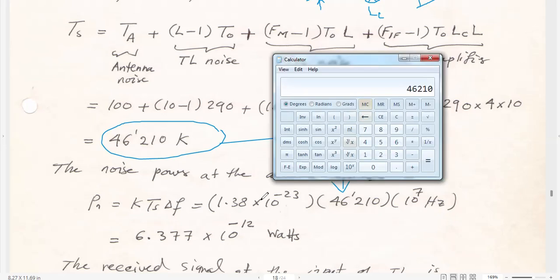Now to calculate these values, 46,210 times 1.38 times 10 to the minus 23 times 10 to the 7.